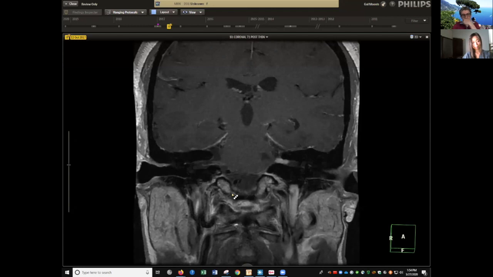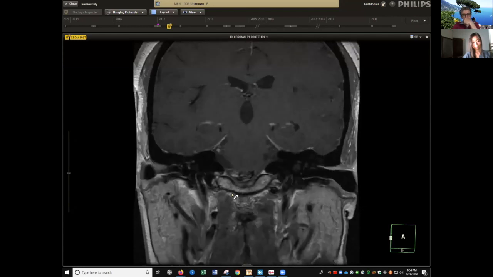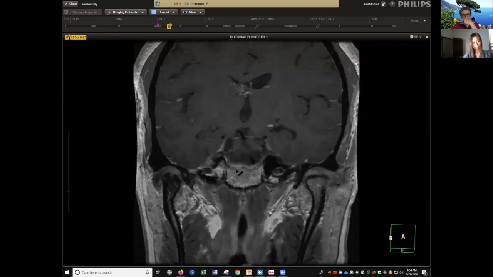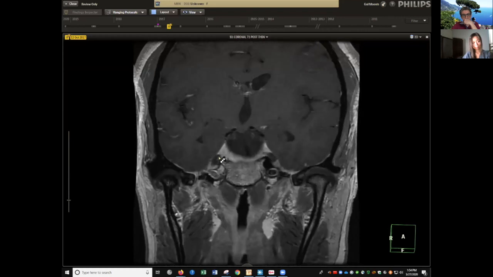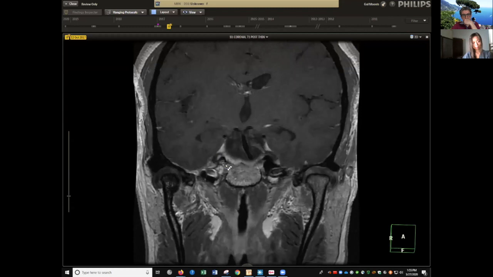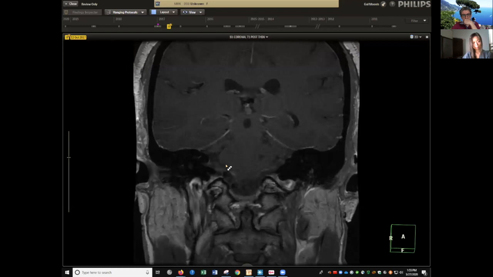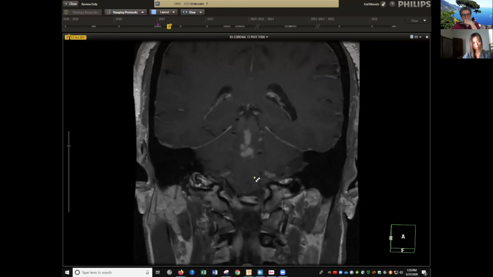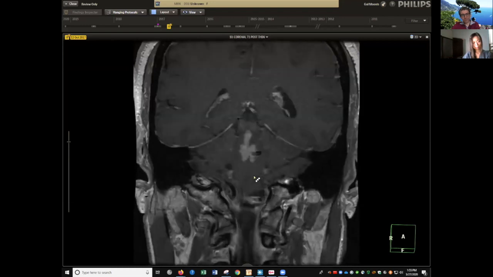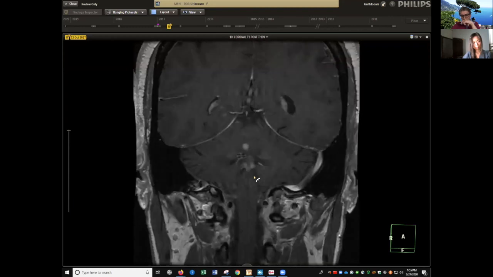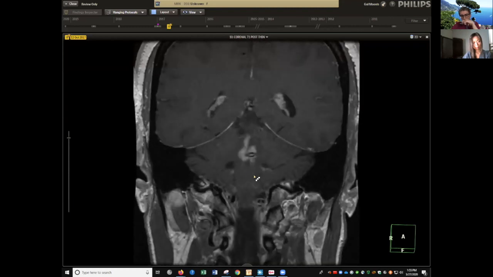But as I scroll back and forth on this case, you start seeing additional abnormalities. You can see that there's enhancement of the trigeminal nerve on the right, and maybe a little bit of nodular enhancement within Meckel's cave. As we keep going, you can now see a much larger nodular enhancement within the brainstem and within the fourth ventricle.